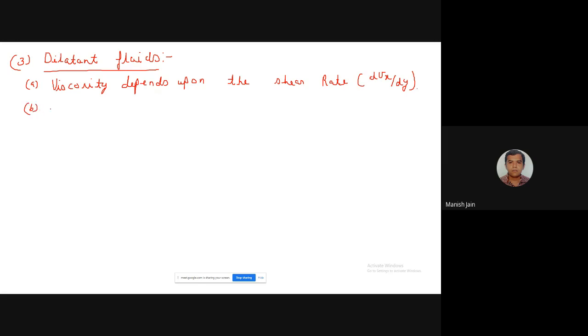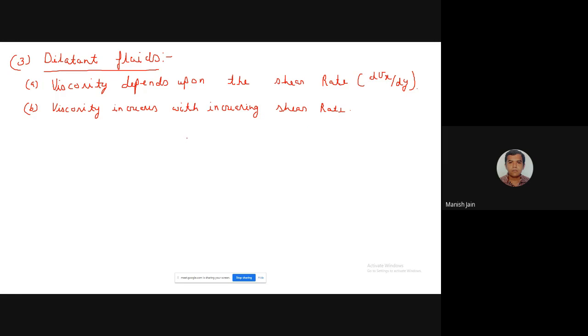Second point, viscosity increases with increasing shear rate. Okay, so these are the two main points.